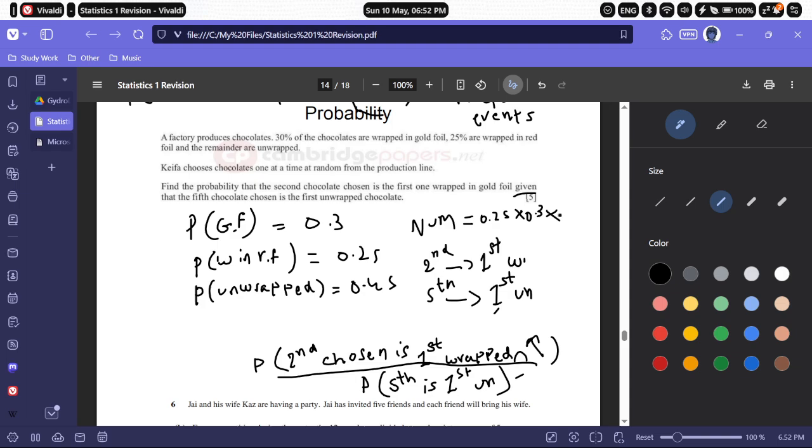So you can do 1 minus unwrapped, which gives you 0.55. The logic is that it can either be wrapped in gold foil or red foil for the third and fourth. So that's 0.55 squared, times the fifth one is the first unwrapped, so 0.45.